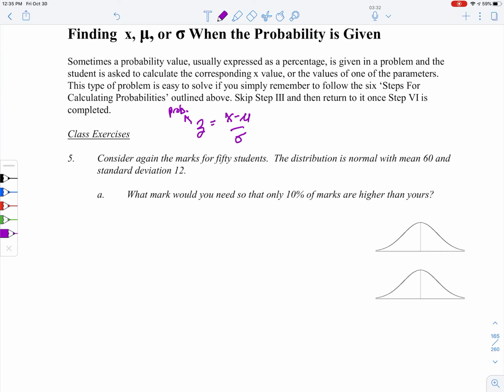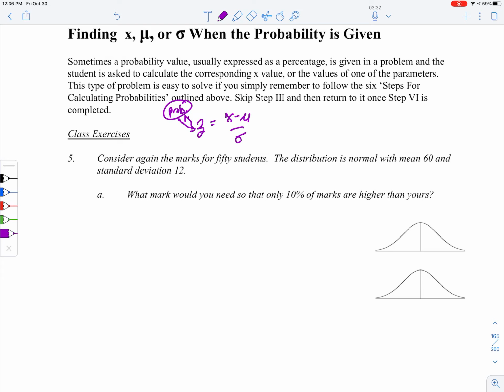The z isn't the probability, but when you look it up on the table, it'll give you an equivalent probability value, an area under the curve. So when the probability is given to you, we can convert it into a z value, and as long as we've got 2 of these other ones, we can solve for the last one.